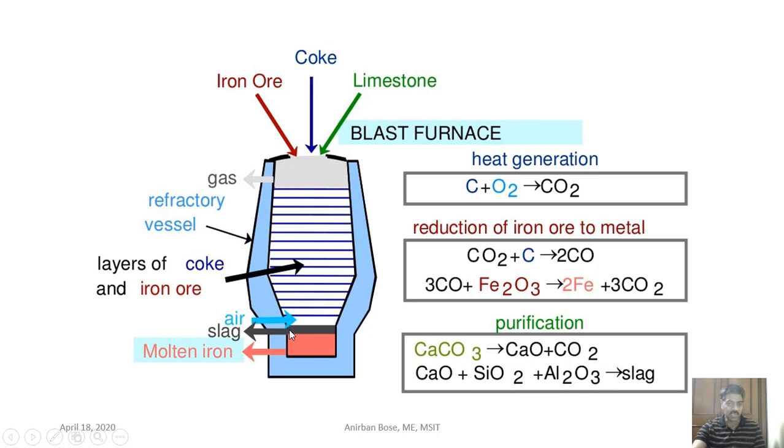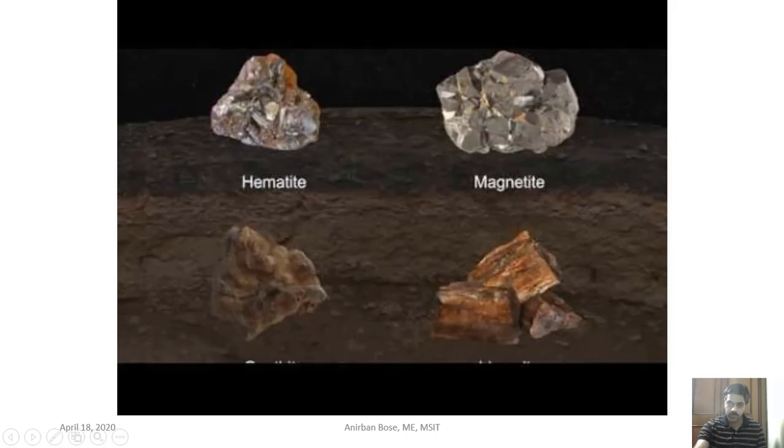These are formed and settle just over the molten pig iron. Those slags are taken out and can be used for other purposes. So let us see a video where the idea will be made clear, how the process of making pig iron occurs.